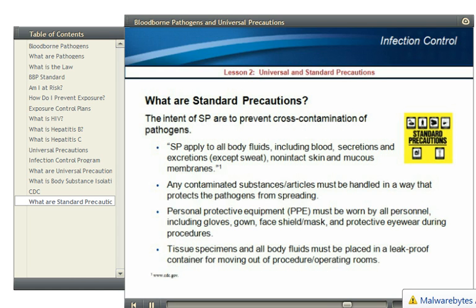Personal protective equipment, PPE, must be worn by all personnel, including gloves, gown, face shield or mask, and protective eyewear during procedures. Tissue specimens and all body fluids must be placed in a leak-proof container for moving out of procedure or operating rooms.